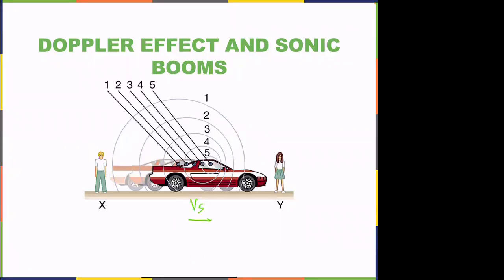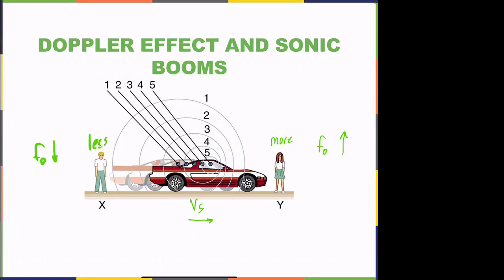You can see the waves are arriving more frequently here and less frequently here. So the observed frequency goes up at point Y, and the observed frequency goes down at point X because it's arriving less.